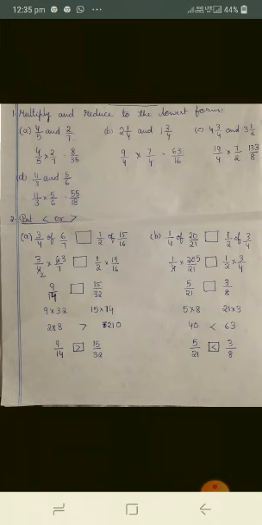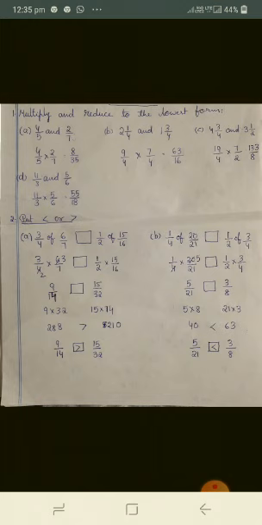After that you have to compare. 3 by 4, in place of 'of' you have to keep into 6 by 7. 2 2s are 4, 2 3s are 6. So 9 by 14 will come. Here 1 by 2 into 15 by 16. Here you can't simplify. So 1 into 15 is 15 by 2 16s are 32.